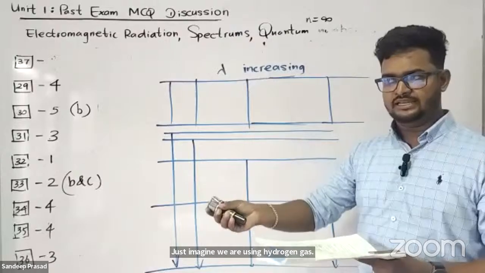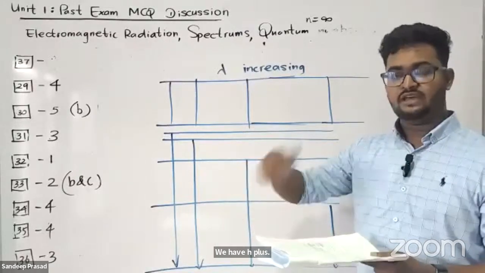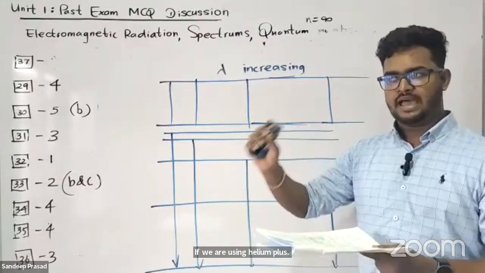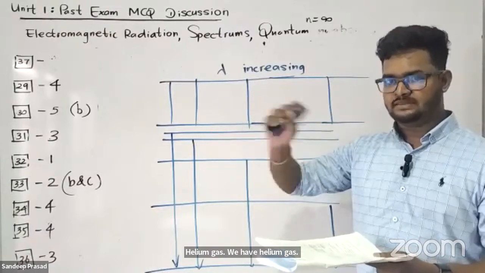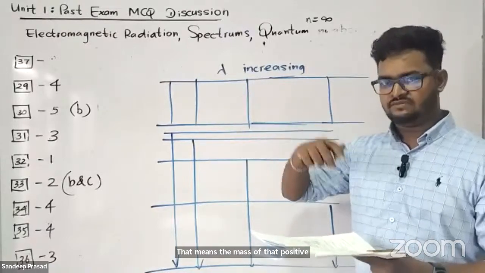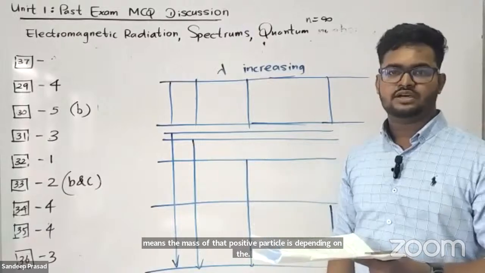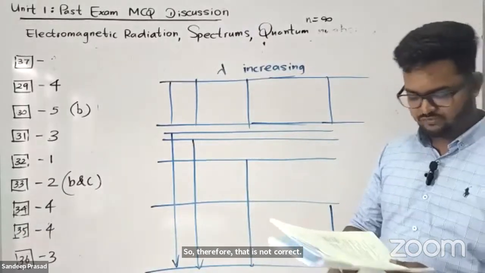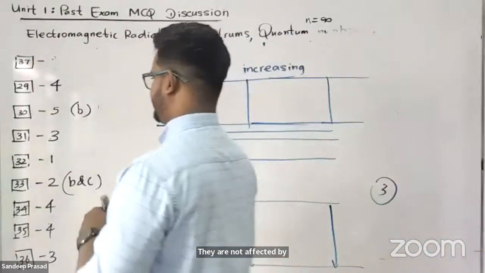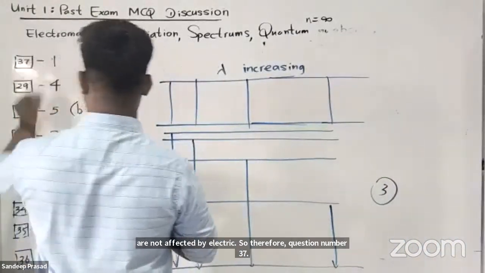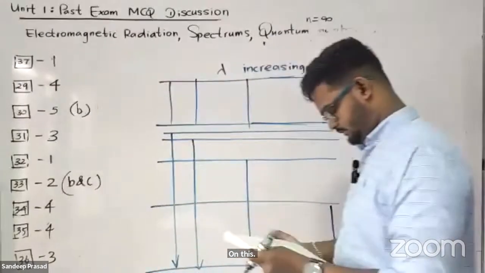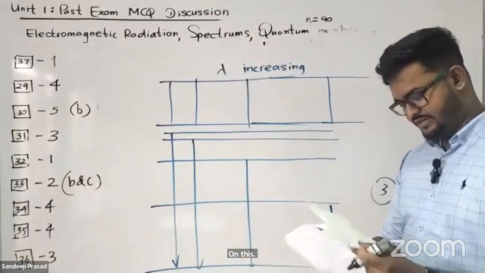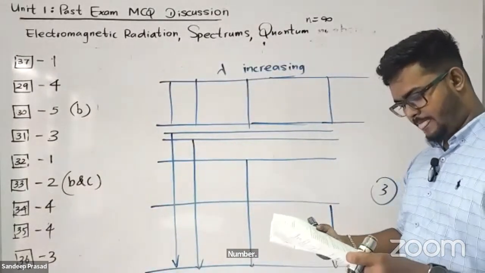If we are using helium gas, we have helium plus. That means the mass of that positive particle depends on the gas that we are applying. So therefore, that is not correct. They are not affected by electric fields. That's also wrong. So therefore, question number 37 answer is number 1. Right? Read the statements carefully.